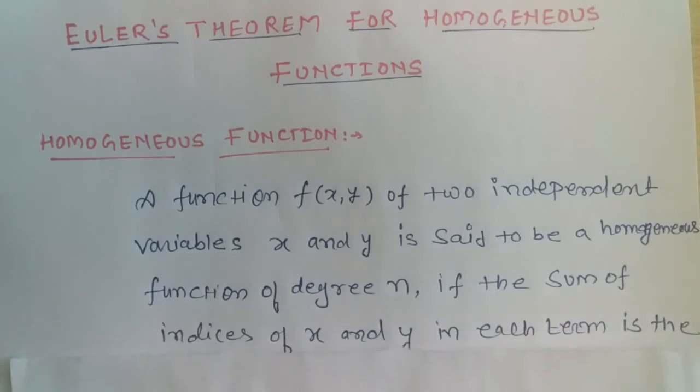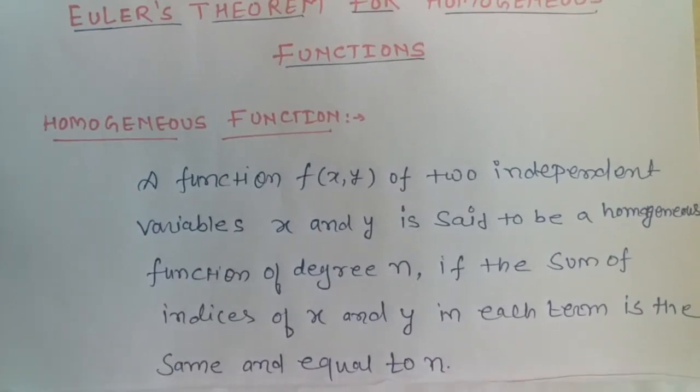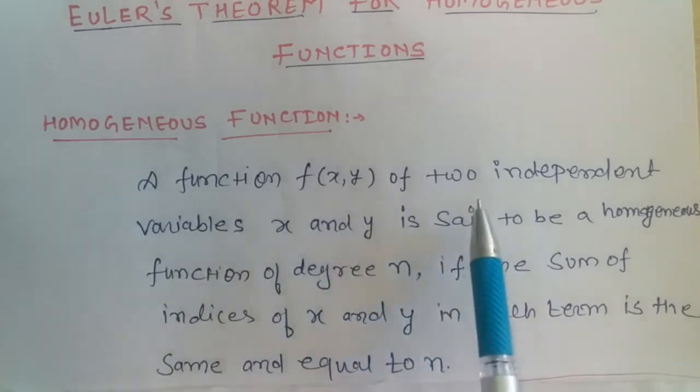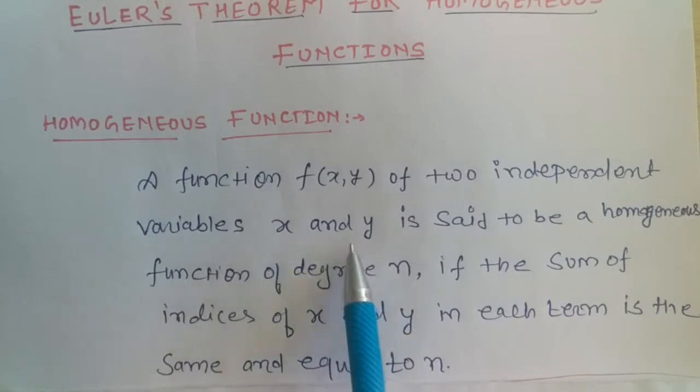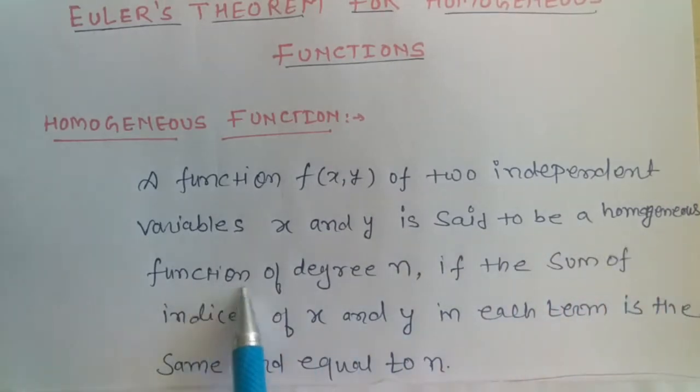and the definition of homogeneous function is: if f(x,y) be any function of two independent variables x and y, then it is said to be a homogeneous function of degree n if the sum of power of x and y in each term is same and it is equal to n.